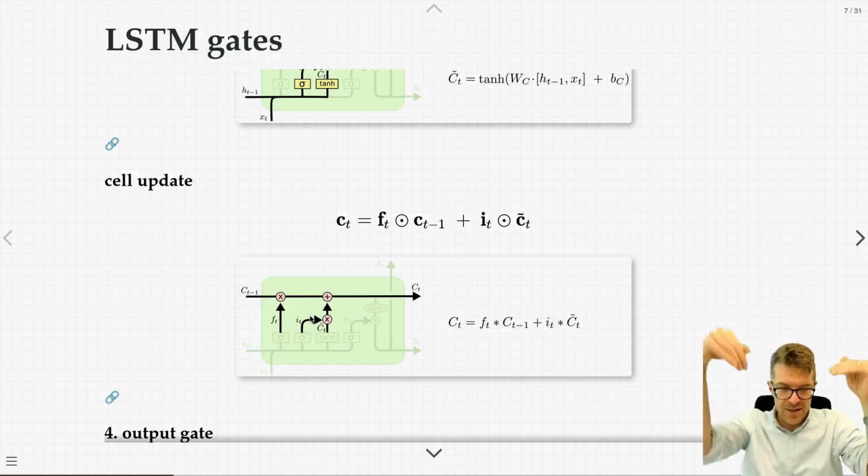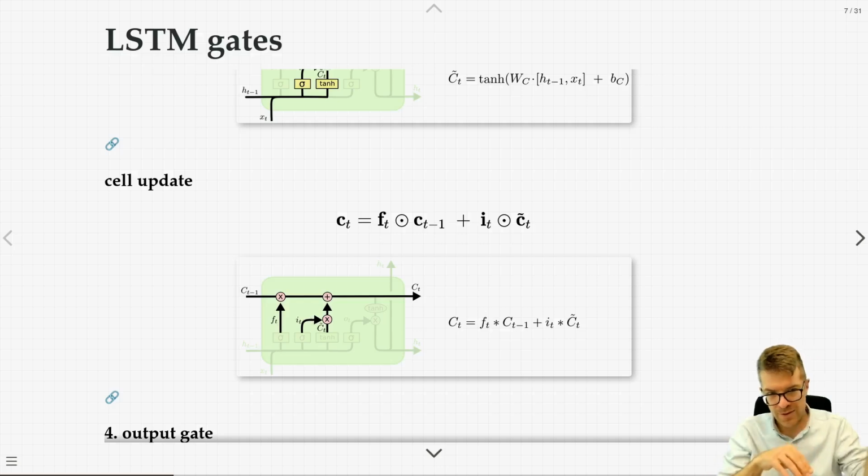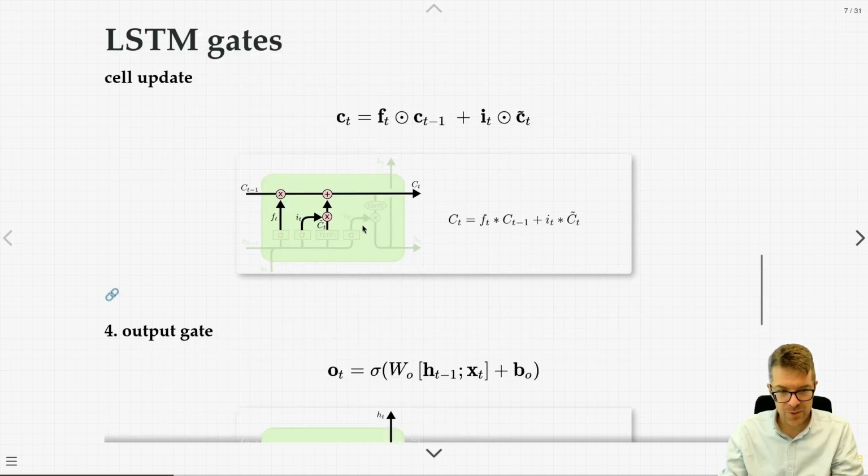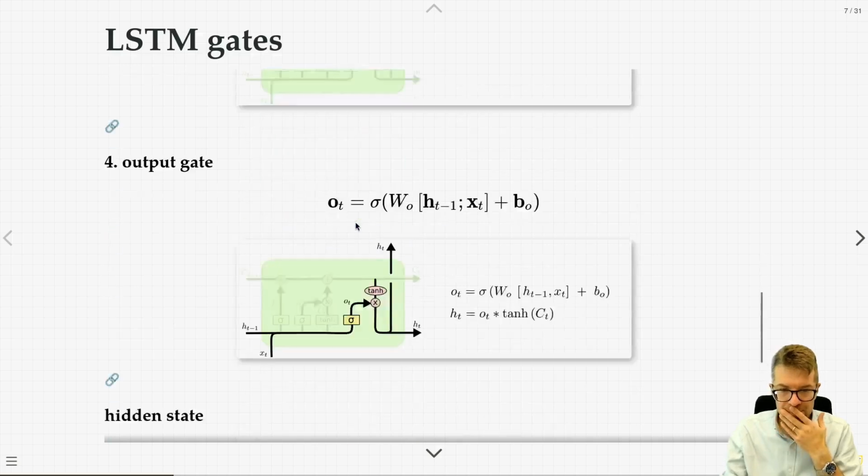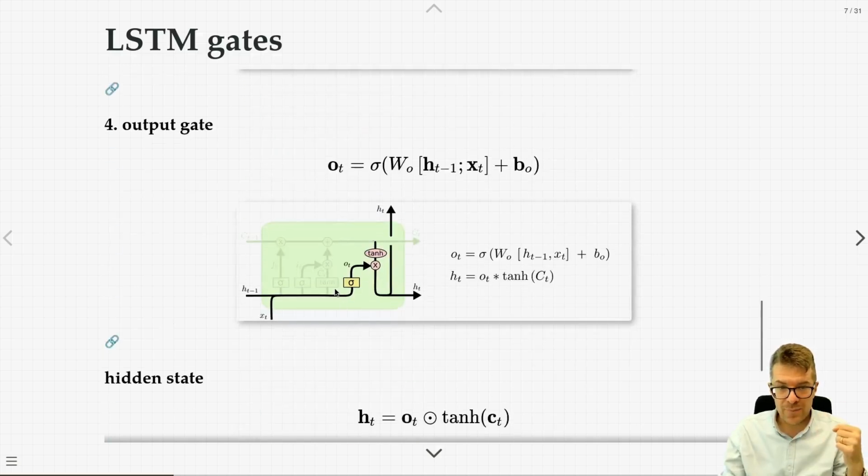It's not de-accentuating elements of c sub t. It's deciding this is where I want to write to c sub t, and then it fills that information with c tilde sub t. And then you just add these together with the cell state. So this is where the information is written. These overlap. And then you have the output.